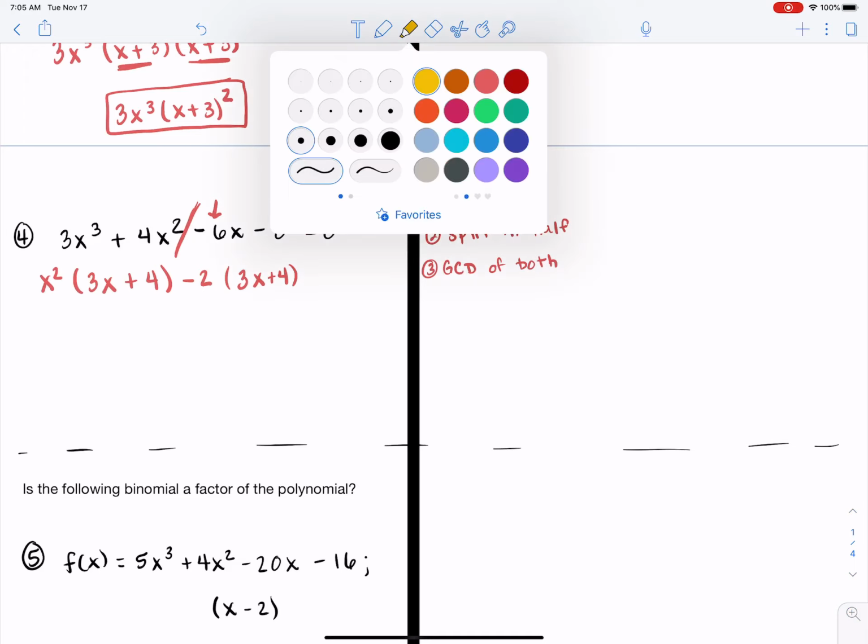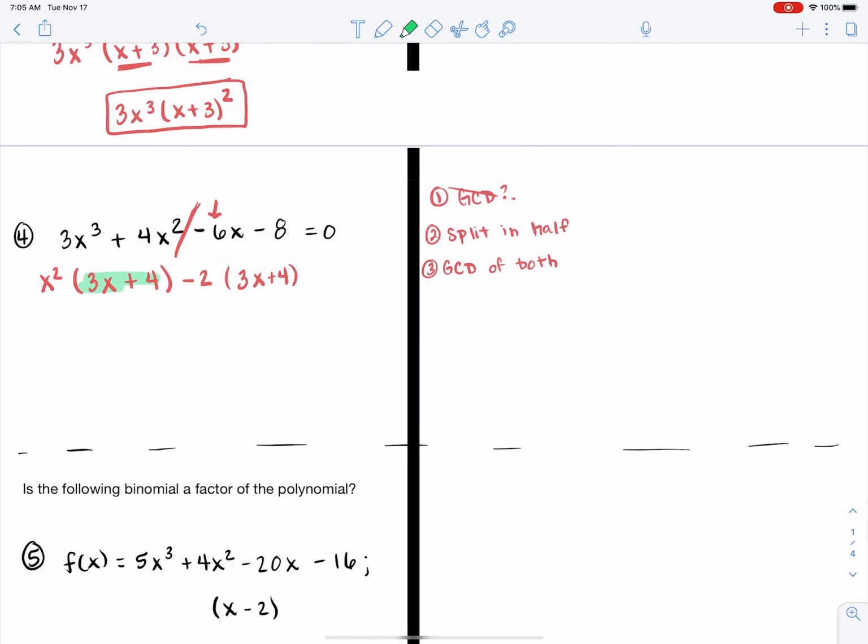If you did it right, then their 2 insides should match, and they do. So I know that 3x plus 4 is one of my factors, and the other factor is built by x squared minus 2. Now you need to see, can the x squared be factored more?